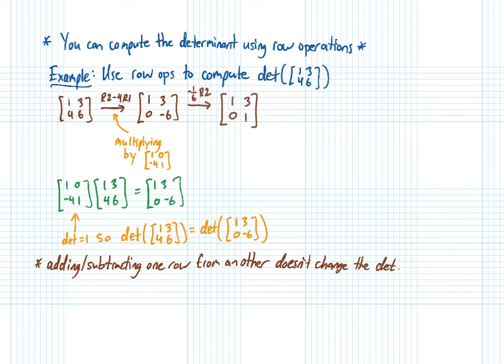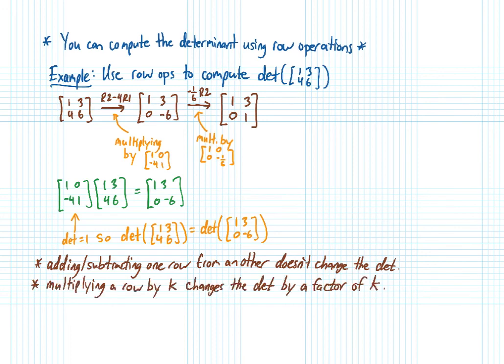Okay, so probably the next step in the Gauss-Jordan elimination is to multiply row 2 by minus 1/6. Now this elementary matrix has determinant minus 1/6, and so at this step of the process, the determinant will change by a factor of minus 1/6. And this illustrates a general principle that multiplying a row by k changes the determinant by a factor of k.